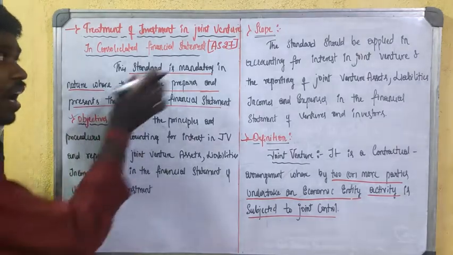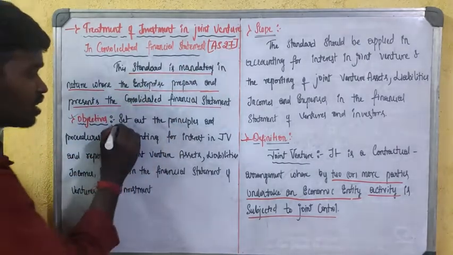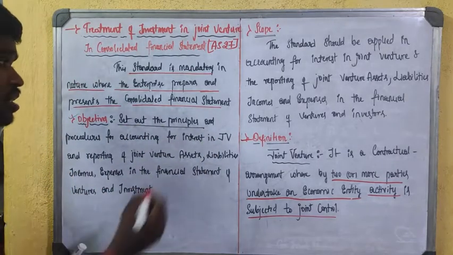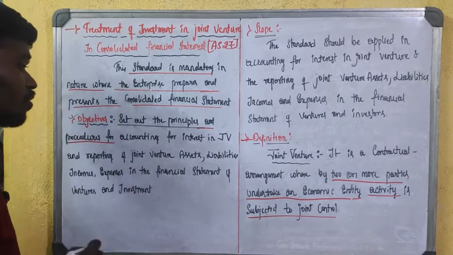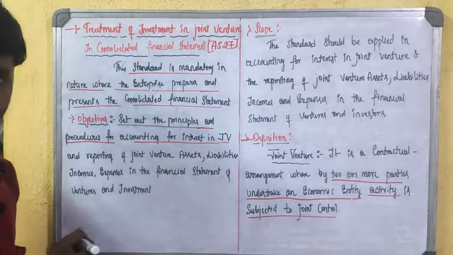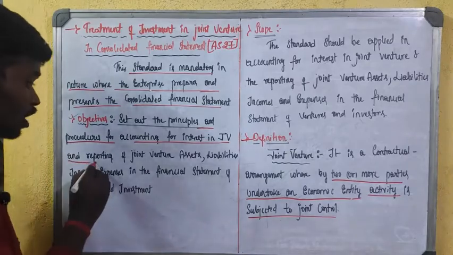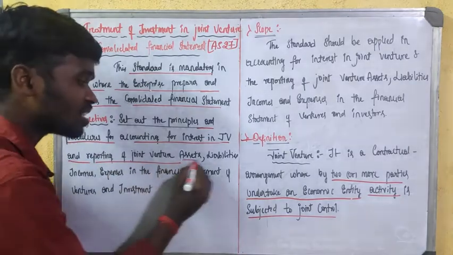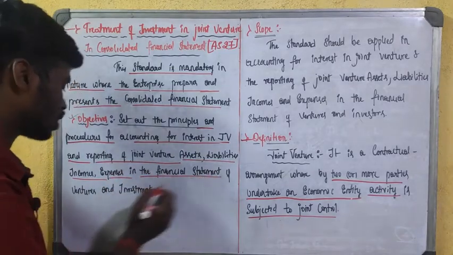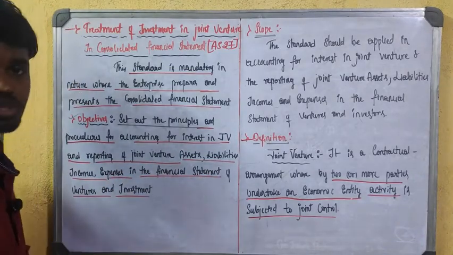This Accounting Standard 27 sets out the principles, rules, regulations and procedures for accounting for an interest in the joint venture and reporting of a joint venture's assets and liabilities, incomes and expenses in the financial statement of the venture and investment.